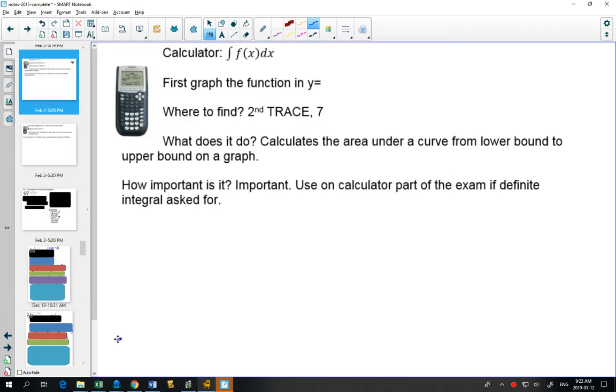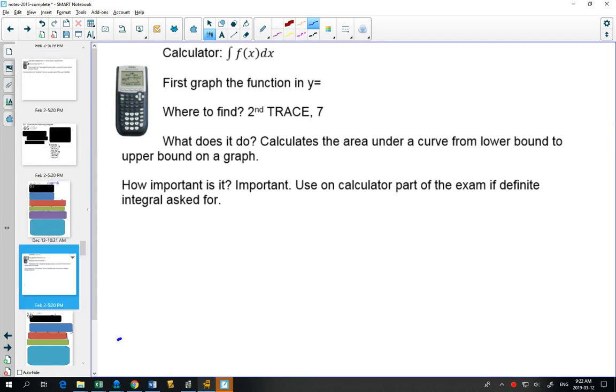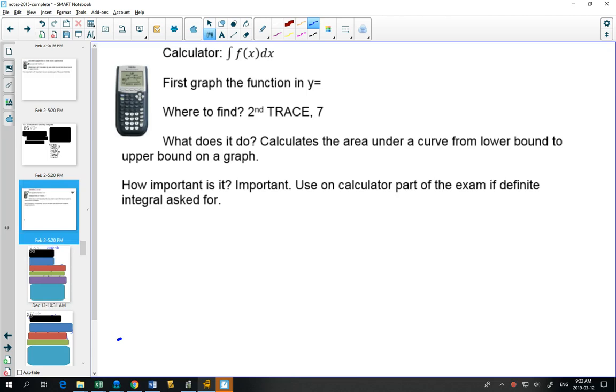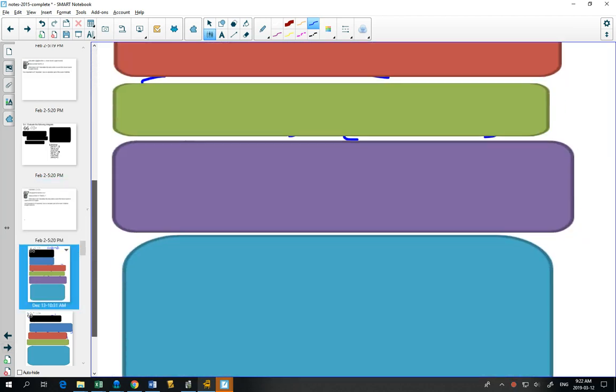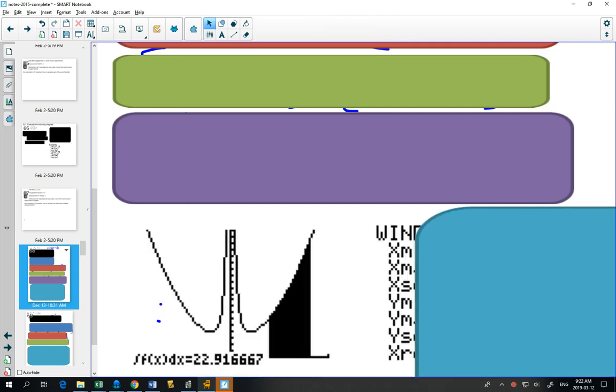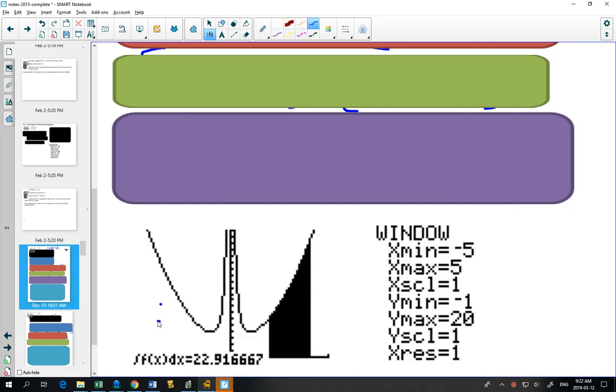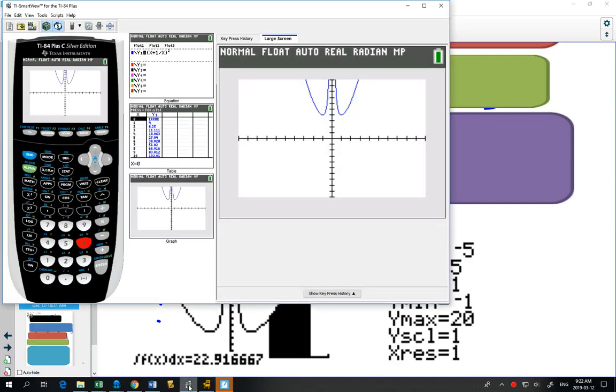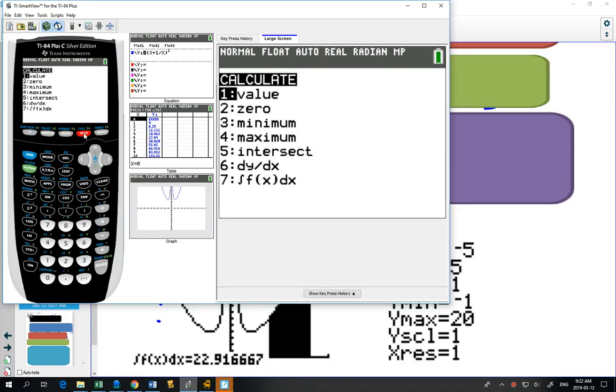Let's see, what window did we have on our notes? Negative 1 to 20. Yeah, this is fine. Okay, so then second, calculate.